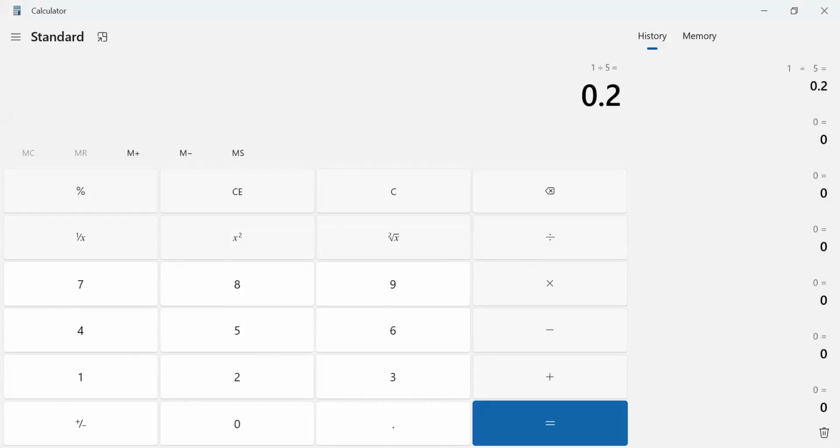We all agree? Now, if I divide 1 by 1 divided by 5, it's like dividing 1 by 0.2, because 1 divided by 5 is 0.2. So when I divide 1 by 0.2, I actually come to 5. So when you divide 1 by the reciprocal of a number, you actually come to that same number.